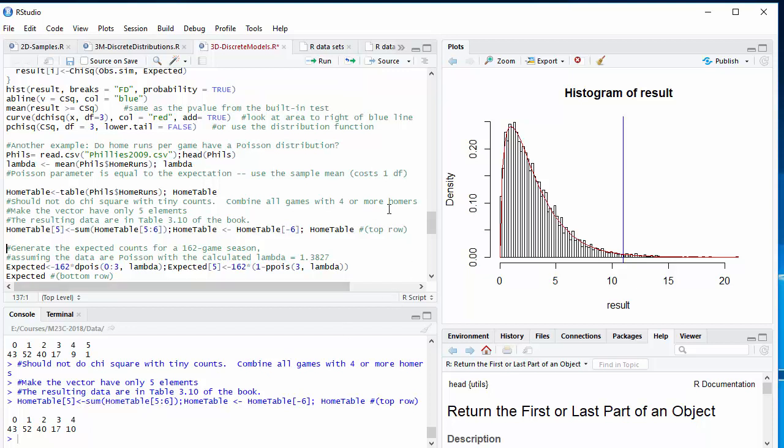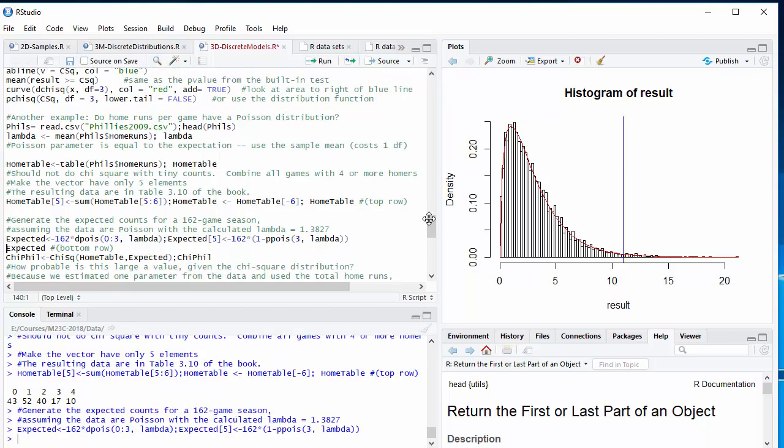We're going to compute the expected counts for 0, 1, 2, 3, and more than 3 home runs, assuming that the number of home runs in the game is given by a Poisson distribution. So here's expected. We take 162, the number of games in the season, times the probability for values 0 through 3 of a Poisson distribution with parameter lambda.